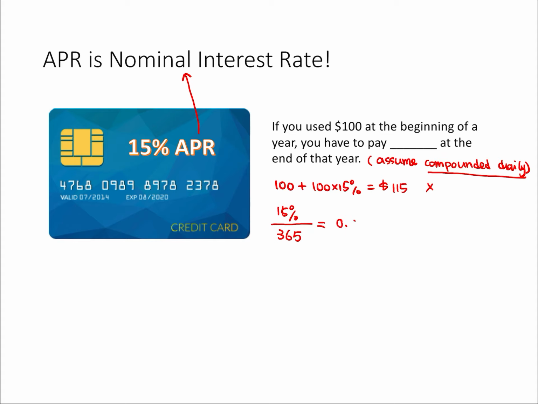And that will give you 0.041096. Let's just save as many digits as we can, okay? So that's your interest rate per period.